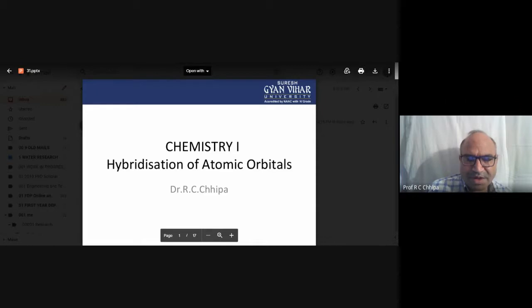Here we see the electronic configuration of different elements. For example, the electronic configuration of carbon is 1s2, where two electrons are present in one s atomic orbital.